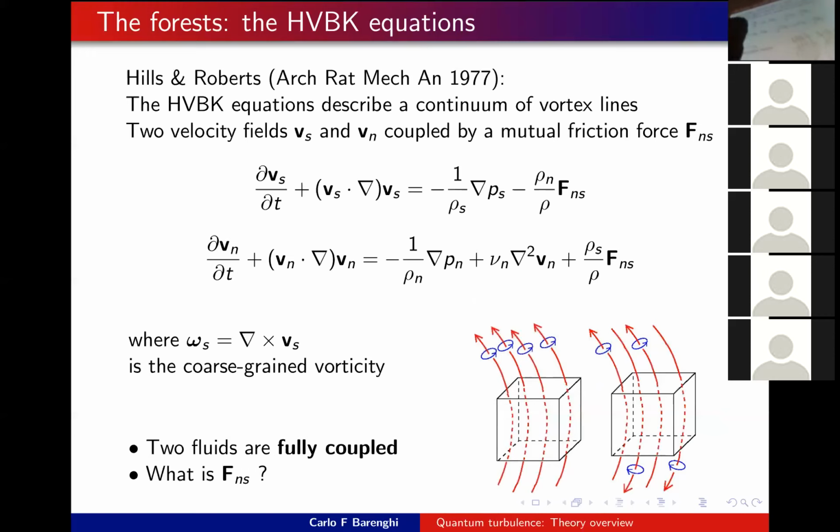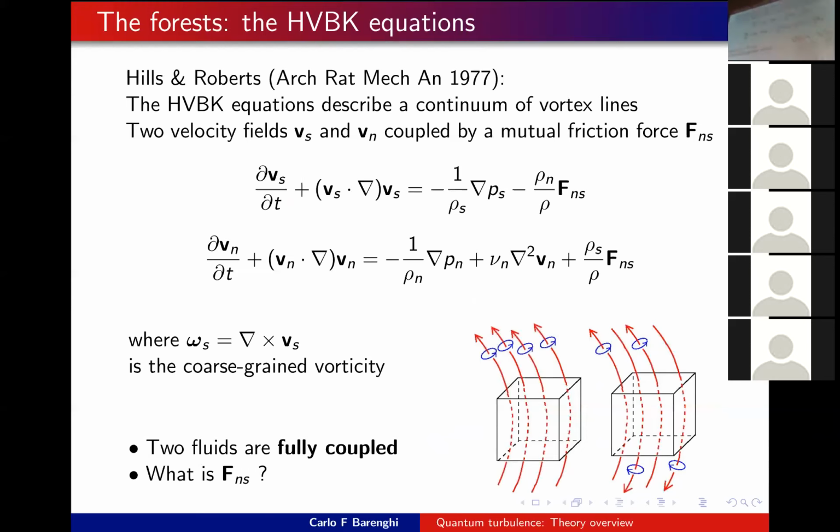Now the equations were written, as I said before, first by Hall and Vinen in their famous 1956 paper. They wrote down the equations using physical arguments. If you want to see a derivation, which is more formal, I suggest this paper in the Archive for Rational Mechanics and Analysis, by Hills and Roberts.